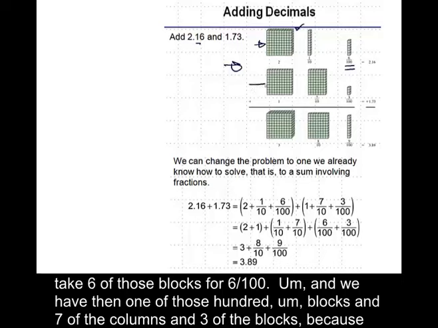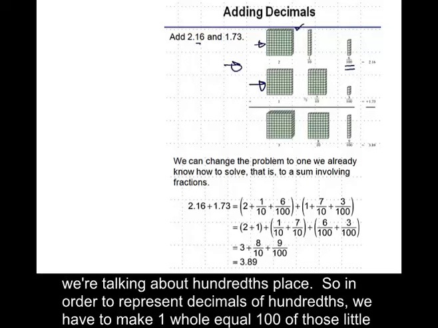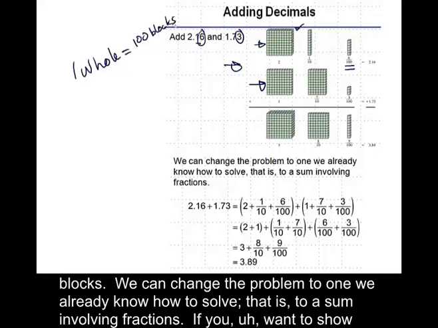And we have then one of those 100 blocks and 7 of the columns and 3 of the blocks, because we're talking about hundredths place. So in order to represent decimals of hundredths, we have to make one whole equal 100 of those little blocks.